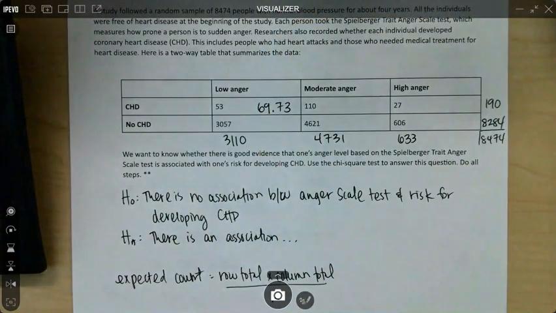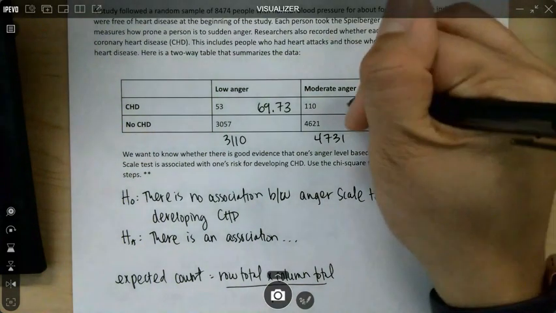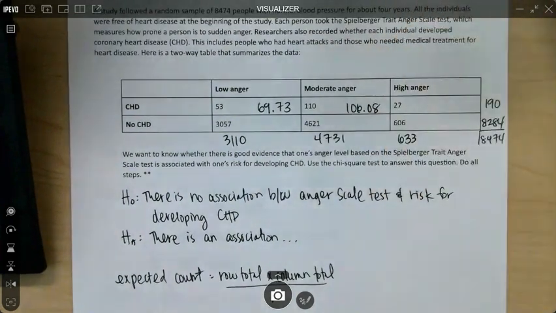I'm just going to round to two numbers after the decimal. And then we're going to do the same thing for here. So 190 times 4731 divided by 8474. We get 106.08. And then this one, we're going to do 190 times 633 divided by 8474. We get 14.19.